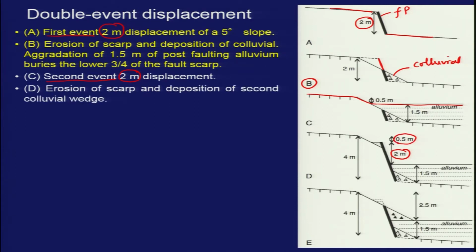Okay. So, erosion of scarp and deposition of the second colluvial material. So, this was the surface at the time of the second event, or second earthquake. This was the surface. Now, with respect to this surface, what we see with the older one here is that the scarp height goes up to 2.5 meter.